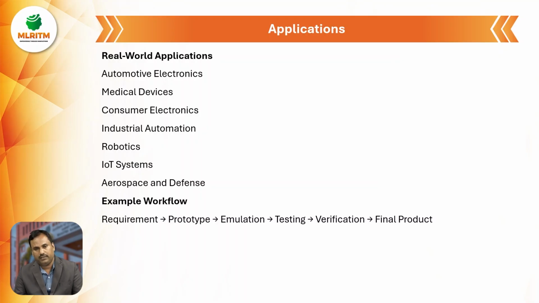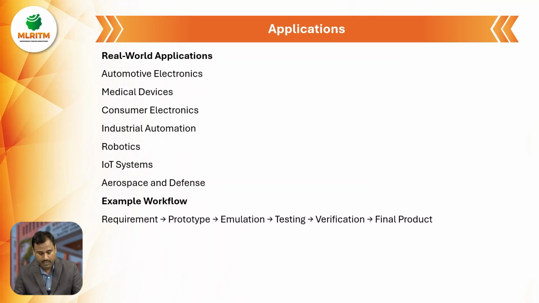So that environment the student can easily understand. Then they can use the internal on-chip communication methods and external communication methods. After that they can go for the applications. So this is an example of the workflow. First the requirement: the student can understand the requirement for any specific application.